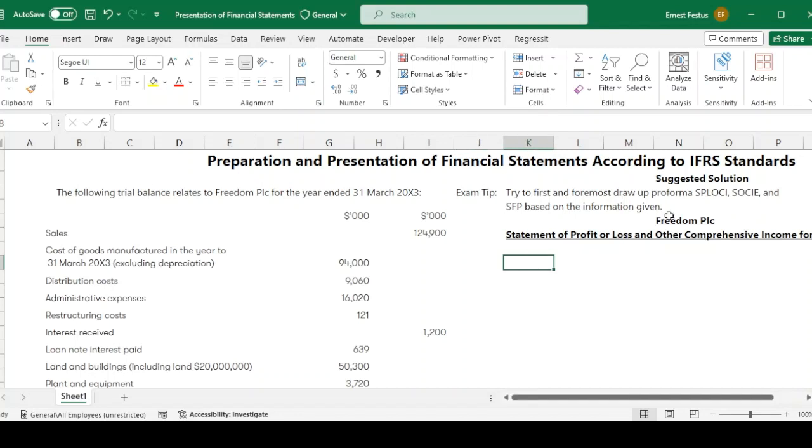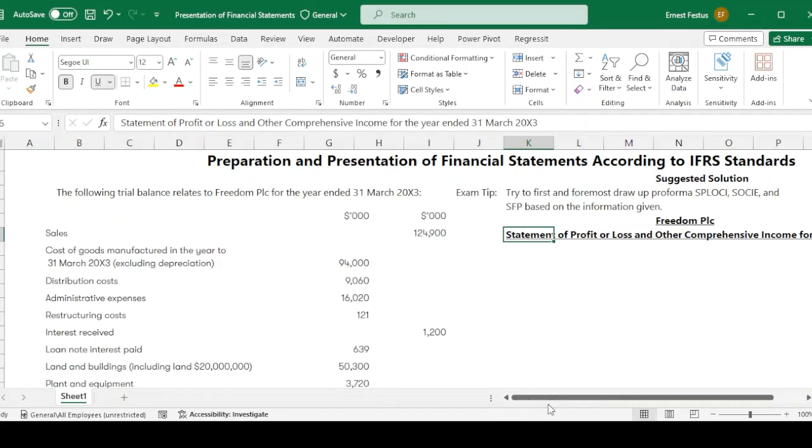So first of all, I have the name of the company. Now all of these are requirements by IAS 1. So we're supposed to start with the name of the company, followed by the heading of the particular financial statement you are preparing.